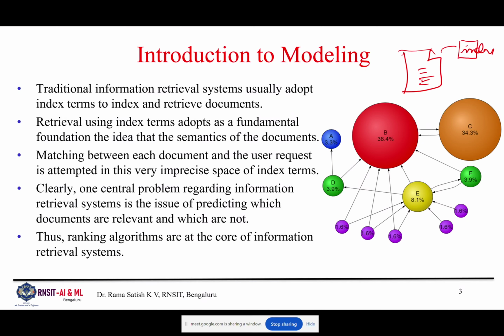Thus it is no surprise that the documents retrieved in response to a user request expressed as a set of keywords are frequently irrelevant. Most of the time we may get irrelevant documents also.